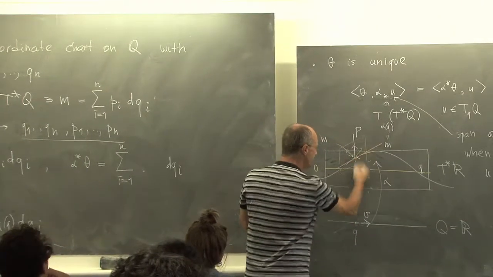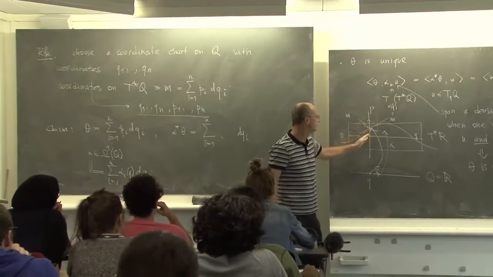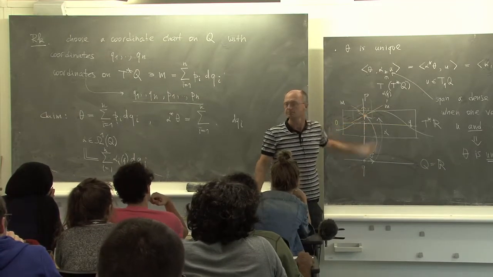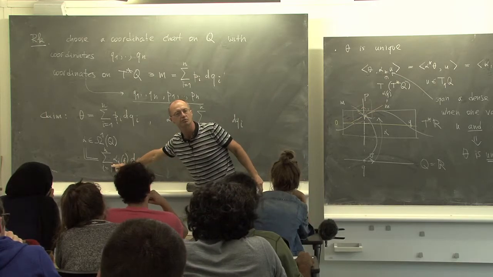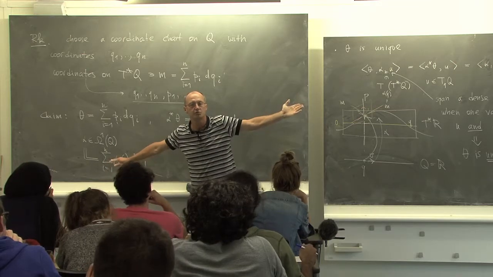You see, the map alpha maps you here, right? What are the coordinates in the fiber of that point? They are called alpha_i of q. That's just their name. That's where this map maps you.